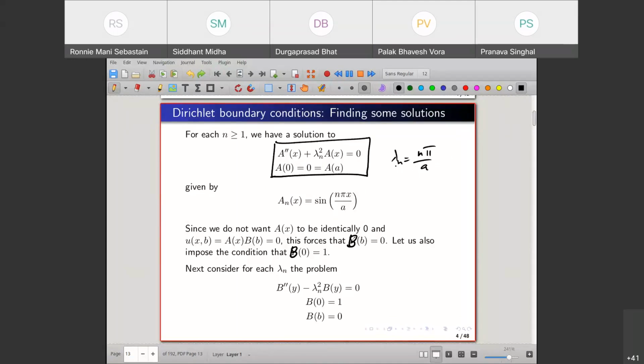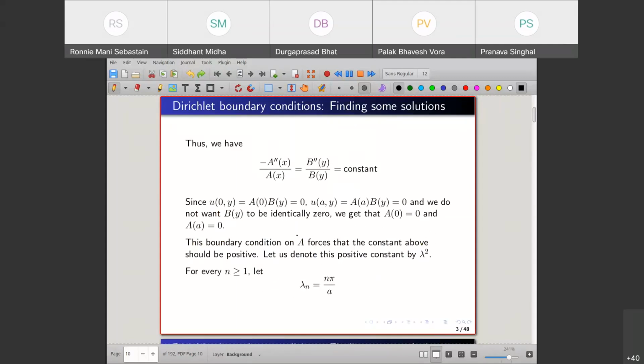And for each value of this lambda, we have this differential equation. This equation is coming from what we saw earlier, because of this. So this constant is going to be equal to lambda n square.